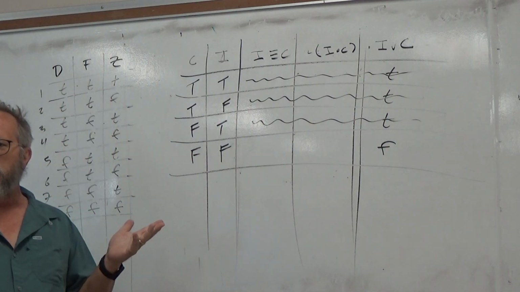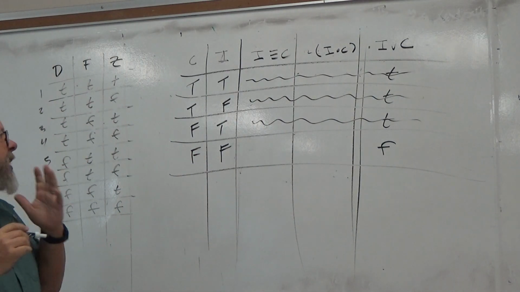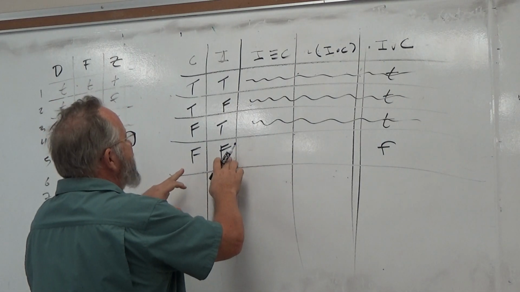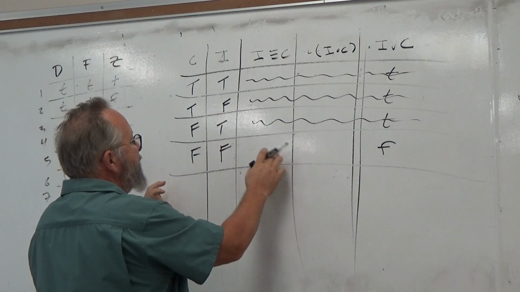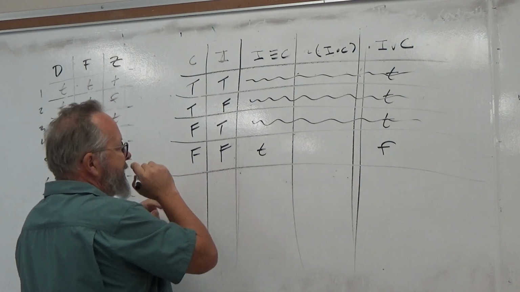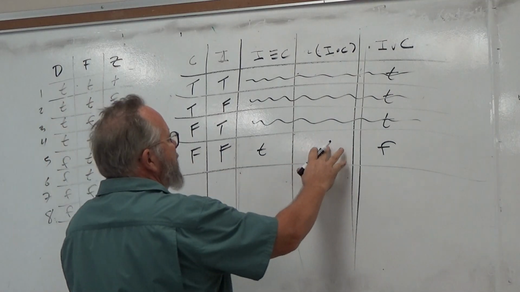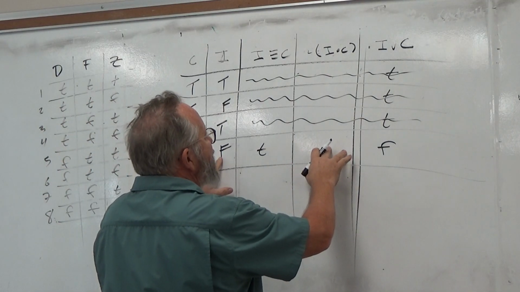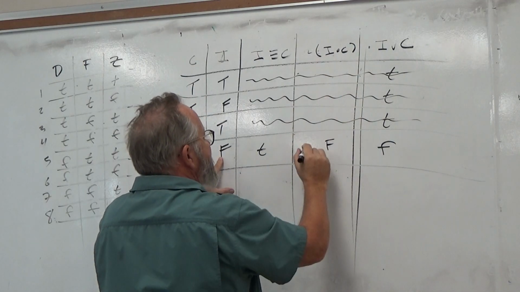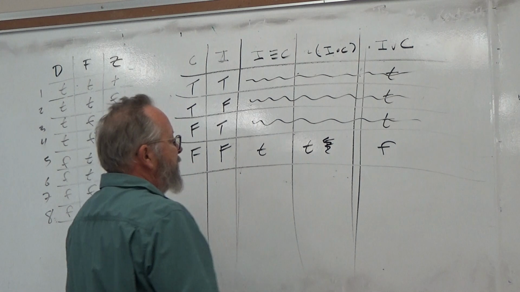So look how much work we've eliminated already, okay? So let's do this. I is false, C is false. So false, if and only if false, is true. So that's true. So now let's go in here. False and false is false, but not makes it true.